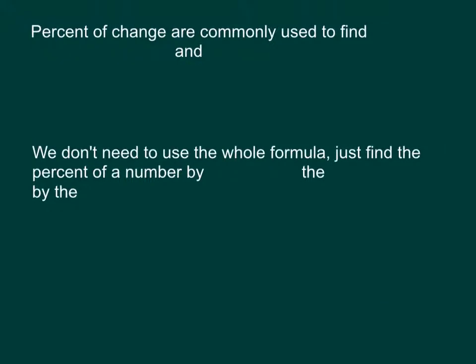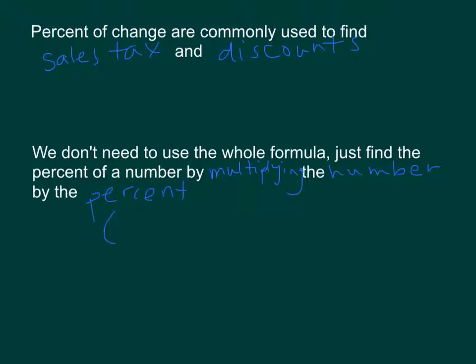Percents of change are commonly used to find sales tax and discounts. We don't need to use the whole formula though. We just need to find the percent of a number. How we do that is by multiplying the number by the percent. And when we multiply it by the percent, make sure that we change the percent to a decimal.